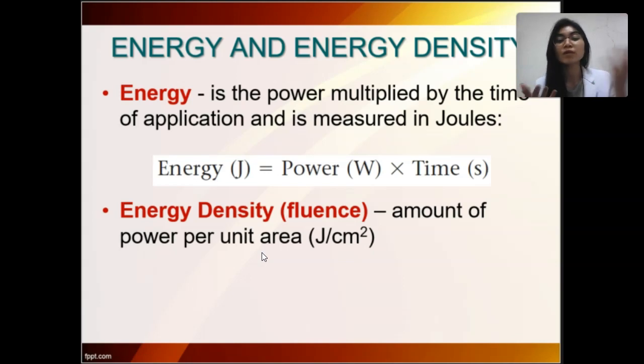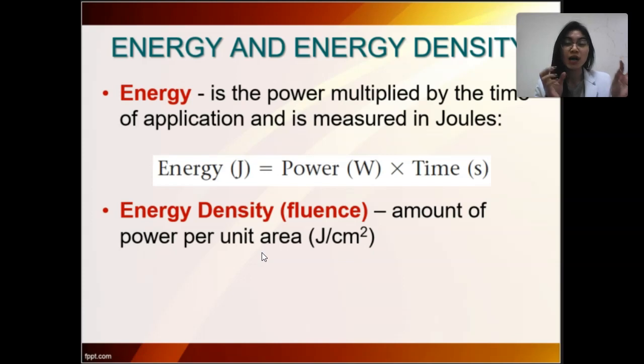So, yung si power density, it's power divided by, milliwatt divided by the square centimeter. So, ibig sabihin, power divided by the area. So, yung energy density, wag malilito. This is coming from the product of the power and the time of application.